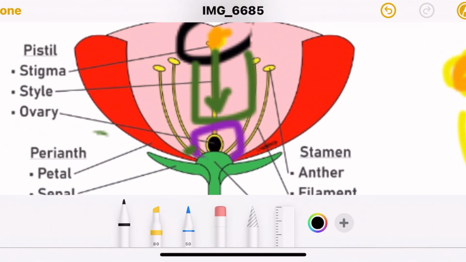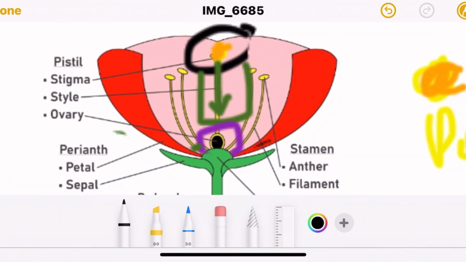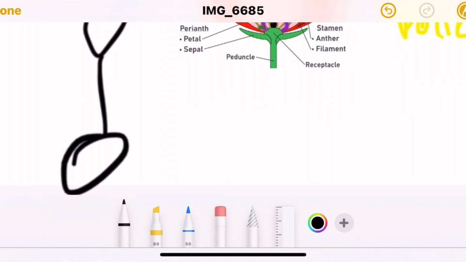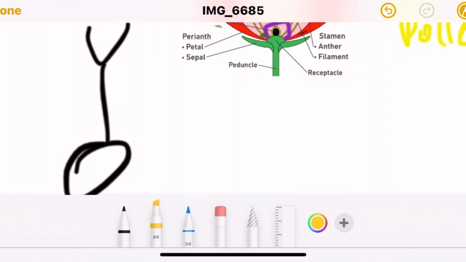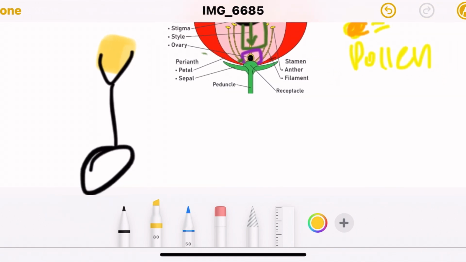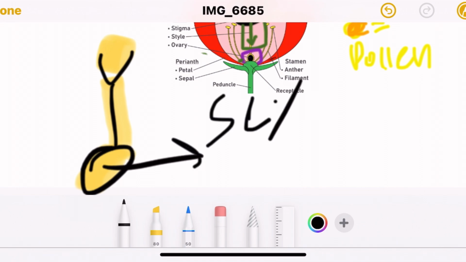So what happens is the pollen moves from the stigma. There is this stigma, this is the style, and there's this ovary. So a pollen lands over here, and then the pollen moves from the stigma through the style to the ovary. The ovary is not the sex cell, all right.